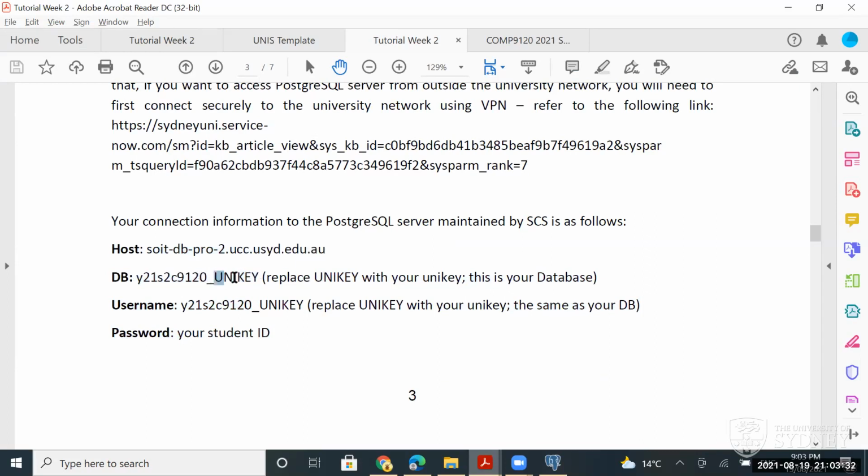Make sure you replace the word unique key with your own unique key, right? Whatever your unique key is, you have to use your own. Same thing with the username. Make sure you replace the word unique key here with your own unique key. Okay. And then the password is actually your student ID. Your student ID is, I think, the 10-digit student ID, right? Whatever your student ID is, make sure you use that. Okay. Use your own, don't use someone else's.